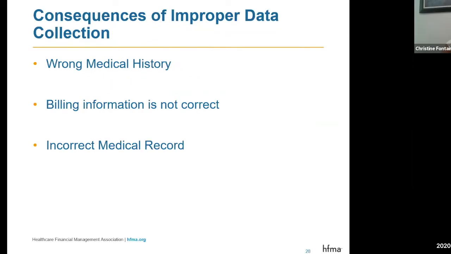Treating a patient with the wrong medical history, a patient can have serious adverse reactions to treatment since their allergies and medical conditions are not correctly identified, resulting in serious legal consequences for a provider. If insurance information is wrong, then a patient claim is possibly sent to the wrong health plan.